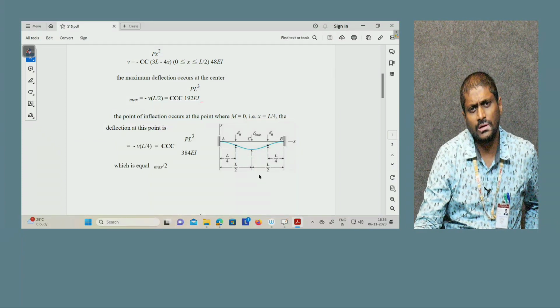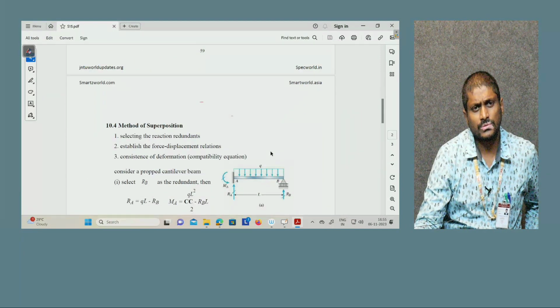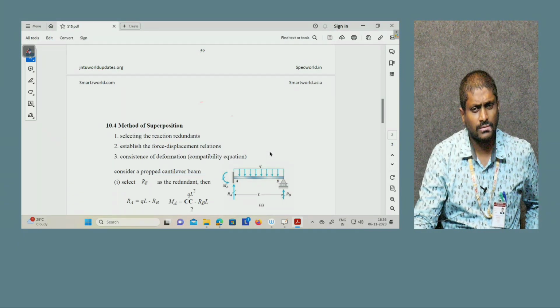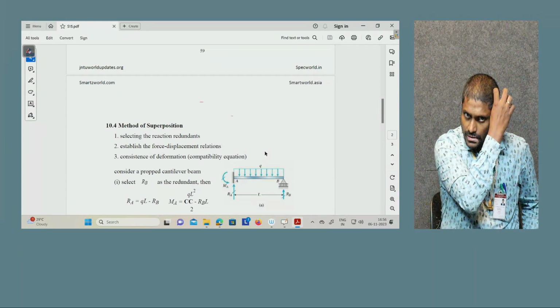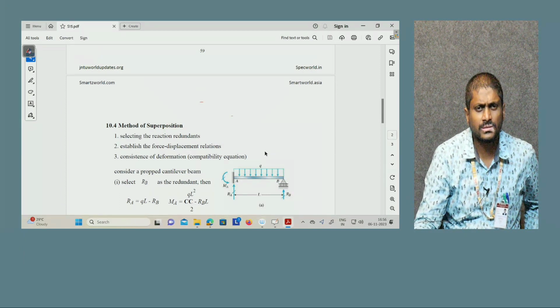So there is a numerical you can see here, a simply fixed beam with 3 point loads is being given. Of course we can see here there is a method of superposition. How can we do this methodology: selecting the redundant reactions, establishing the force displacement relations, and consistency of deformation, the compatibility equation.